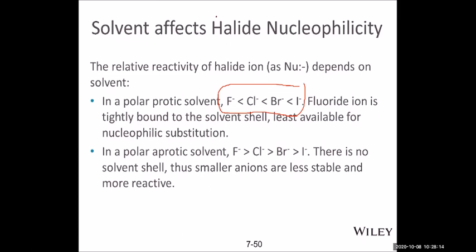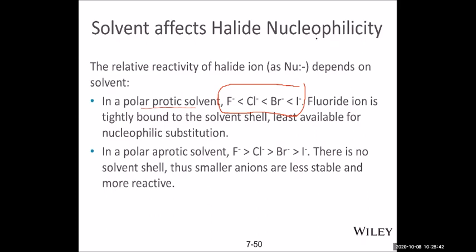The last one. This is one of the very peculiar things. As we mentioned, the solvent can favor SN1 or SN2, depending on what kind of solvent. Here it is more dramatic. The protic solvent can even change the relative reactivity of the halides as nucleophiles.